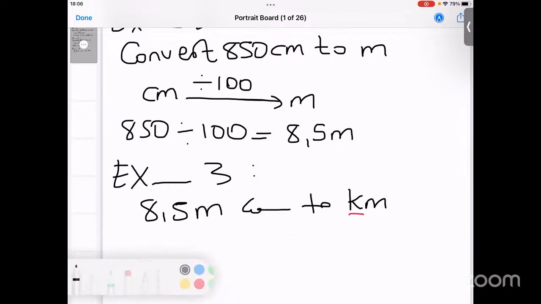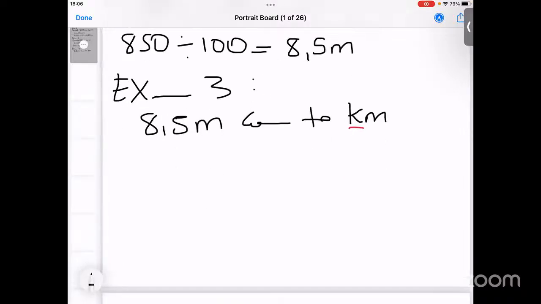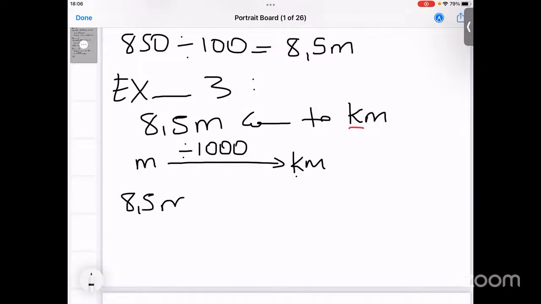Just be aware of that. So in other words, to convert from meters to kilometers, since kilo means 1,000, we are just going to divide it by 1,000.